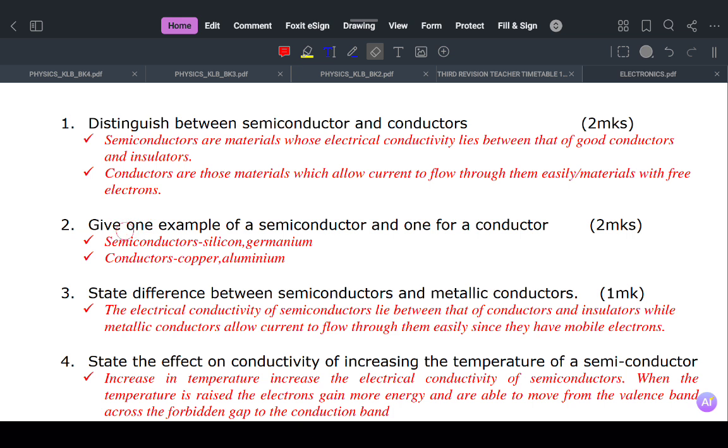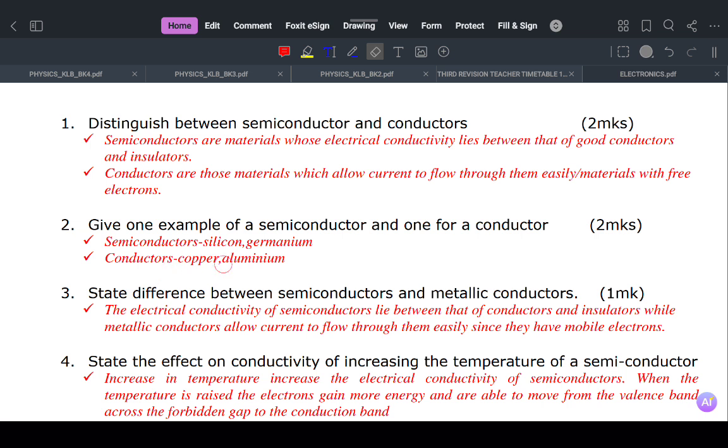But the question is saying, give one example. So make sure you know both of them so that you can give any one of them in an exam when need be. Examples of conductors are basically metals. So you can name any metal. You can mention copper, aluminium, zinc, iron.